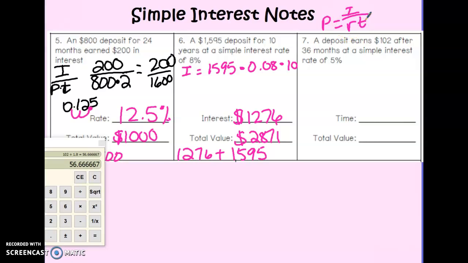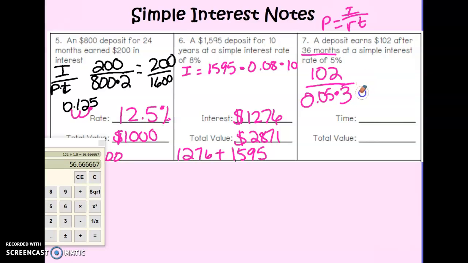My interest amount is $102. My rate is 5%, and I've got 36 months, which remember has to be in years.